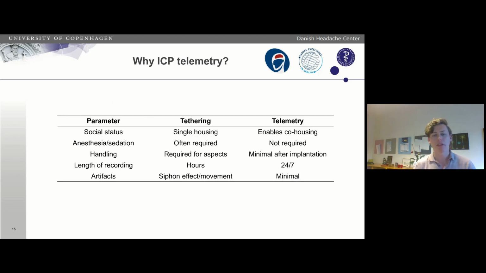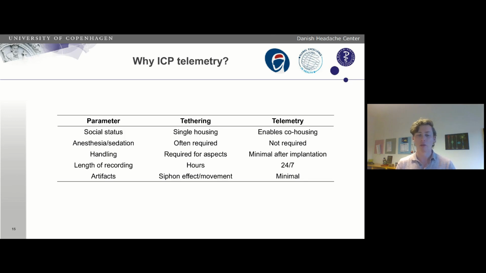So why are we using intracranial pressure telemetry? We believe this gives a much more physiological way of measuring intracranial pressure. So in these parameters, social status: if you have a rodent that's tethered, for example, it can only be single housed because rodents will pick at wires and stuff. The telemetry enables co-housing, thus the rodents can behave normally and without stress, because we know rodents like to be social. Also, because this is fully implantable and can measure all the time, anesthesia is not required.